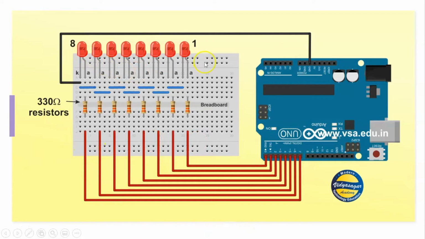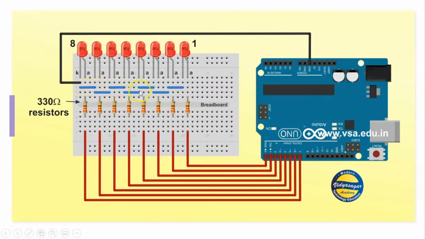See, these are the LEDs which are connected on the breadboard, as we have seen in the video just now. All the anodes are on the right hand side and all the cathodes are on the left hand side. You can see these blue wires, short jumper wires, are used, and all the cathodes are joined together.